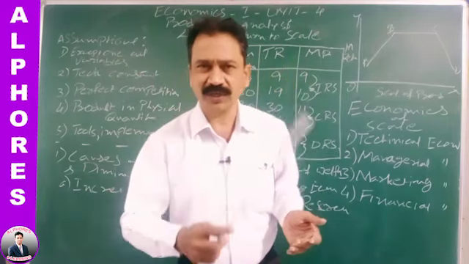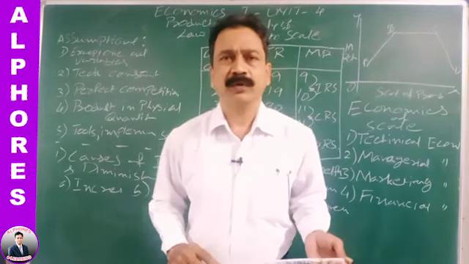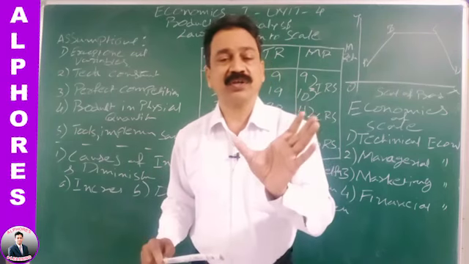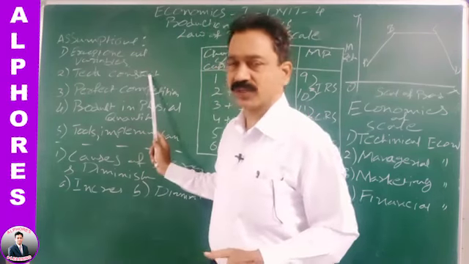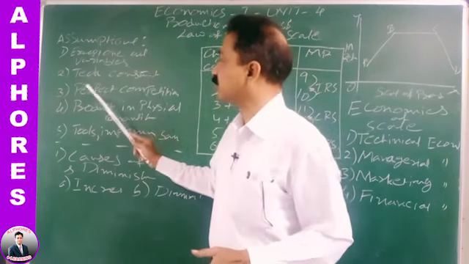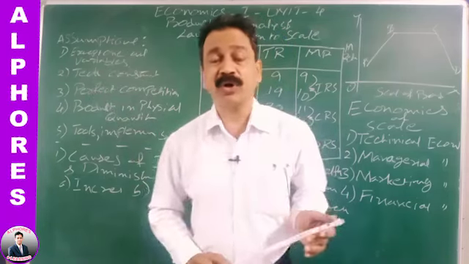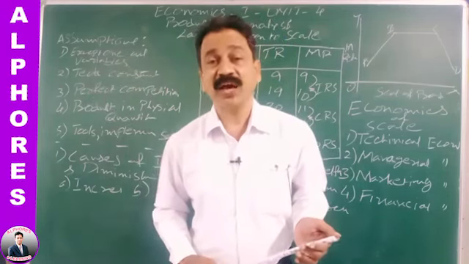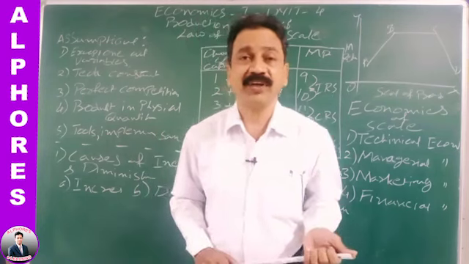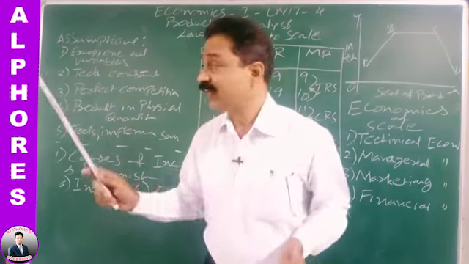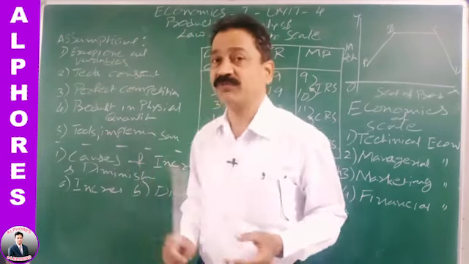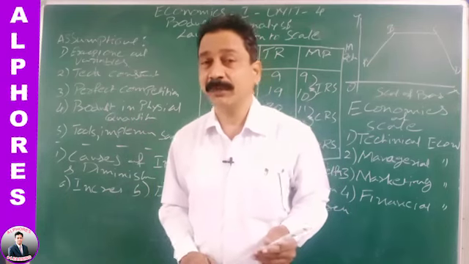You can see it in your textbook also. Technology we are going to keep constant without any change. Next, we assume that the market is perfect competition. This is the second time we have come across the term perfect competition. What is meant by perfect competition?